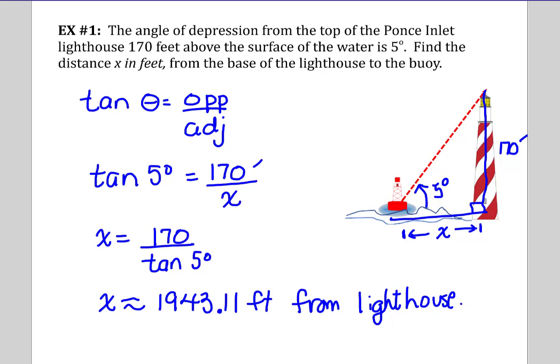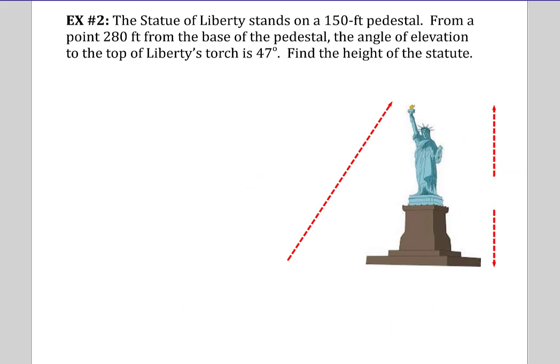Okay? Here's another one that's using the Statue of Liberty. So the Statue of Liberty stands on a 150-foot high pedestal. So from this base here, this is 150 feet tall. And we want to know the height of the statue itself from the bottom of the base to the top of the torch there.